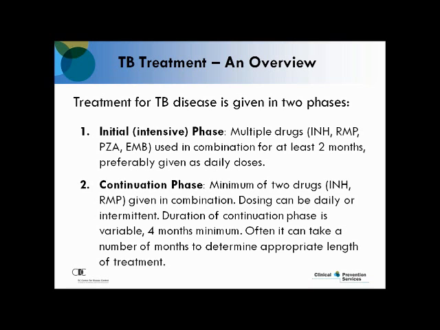The continuation phase is generally minimum 4 months. Again, treatment is based on what medications are on, how much disease they have, and then how they're actually responding to medications. Have they converted their smears to smear negative? Have their cultures converted? What does their x-ray look like? So it's all a combination of these things, and it's really important.